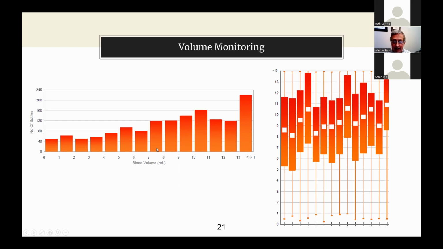So I can look at it and say, we want this range right here. These two bars are the perfect volume. These are all overfilled. These are all underfilled. So I can provide that to units or individual phlebotomists. Same thing over here. They'll also make these box plots, which are kind of cool as well.